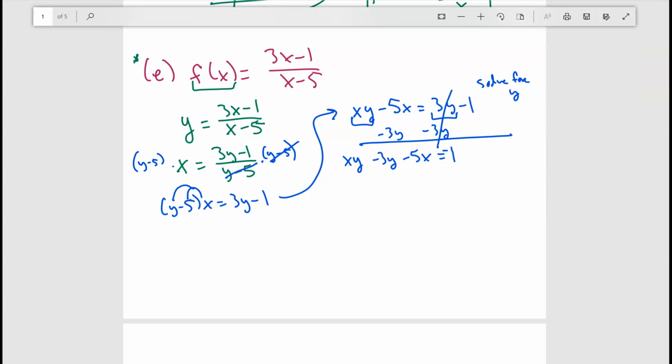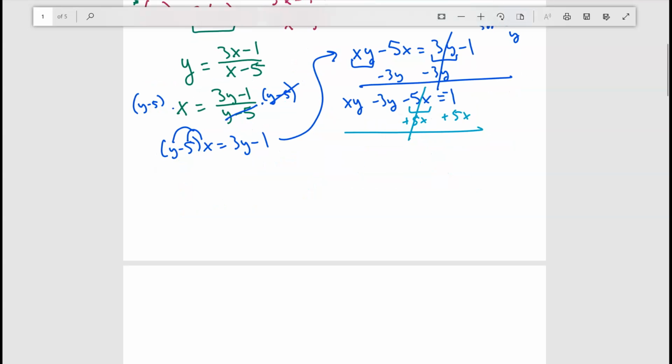So everything that doesn't have a y, so for example, this one doesn't have a y, let me move it over. So I'm going to add 5x to the other side. So what I have is just xy minus 3y equals negative 1 plus 5x. And now that I have that, notice that this one and this one have y's in common.